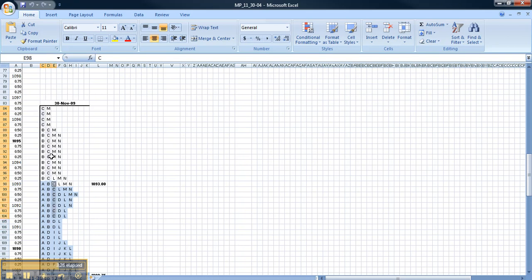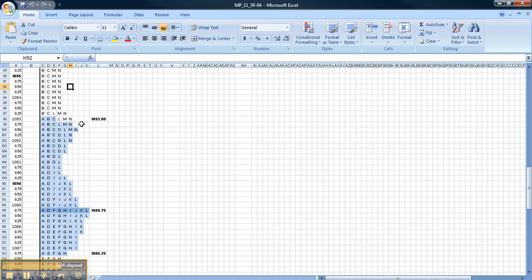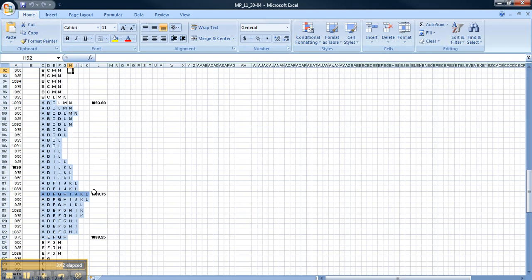So once we have the entire day composited over half-hour periods, we simply find the highest string of letters. In this case, we had two that were the same, so we take the one that's closer to the bulk of the day's range, and then we take 70% above and below.